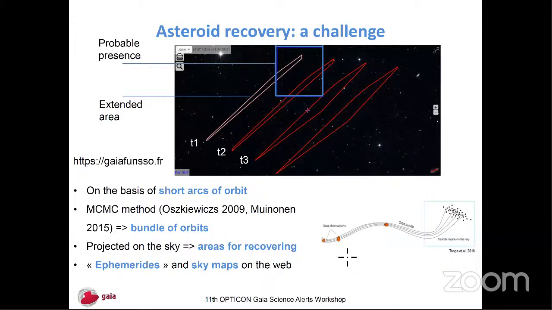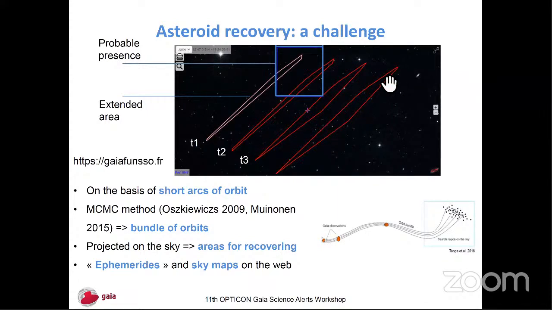So the method we use is to make a bundle of thousands of orbits and to project these orbits on the sky, in order to give a kind of ephemerides and sky maps to the people in order to find the asteroids.